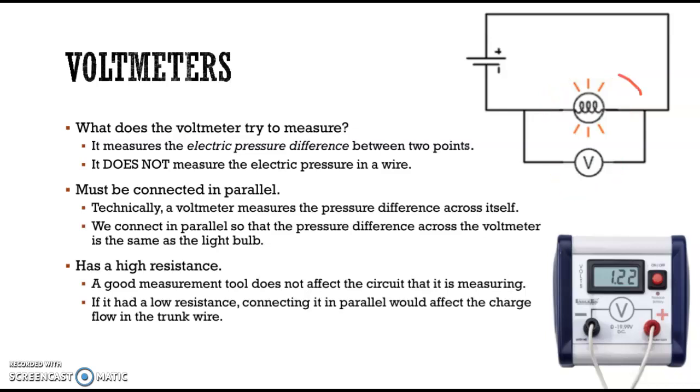And so in order to tell me the difference across this light bulb, I have to make it so that the pressure difference is the same across the bulb as it is across the voltmeter. And as we know about things in parallel, if we connect two things in parallel, then they are going to have the same pressure difference. In this case, that is from red to blue.